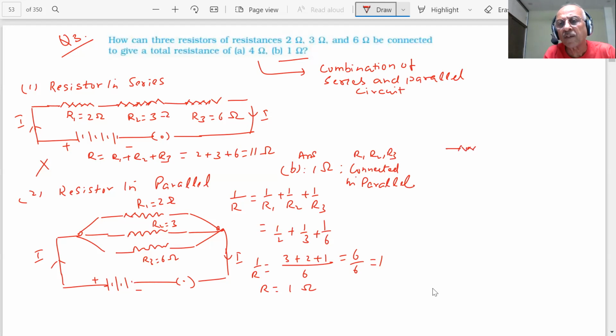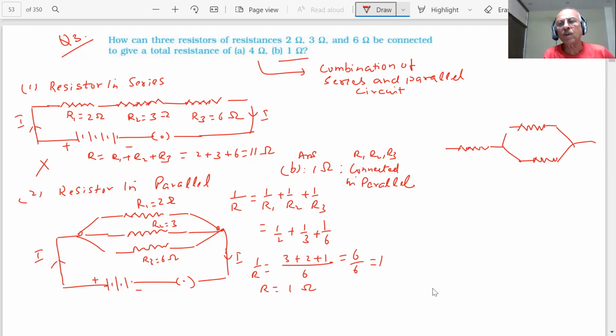One resistance like this. Okay? There are three possibilities: I can keep on changing. Put R1 here, R2 and R3 here. Put R2 here, then R1 and R3 here. Put R3 here and R1 and R2. I have to try and see which combination gives me 4 ohms.